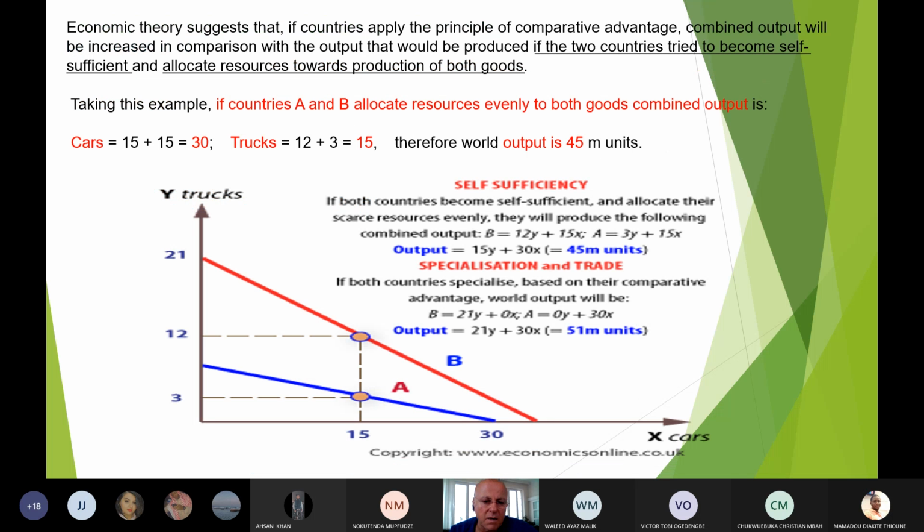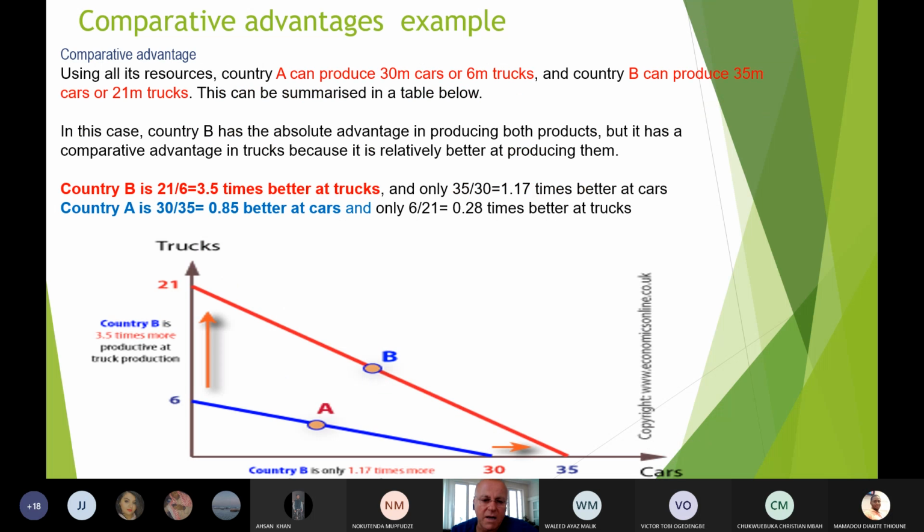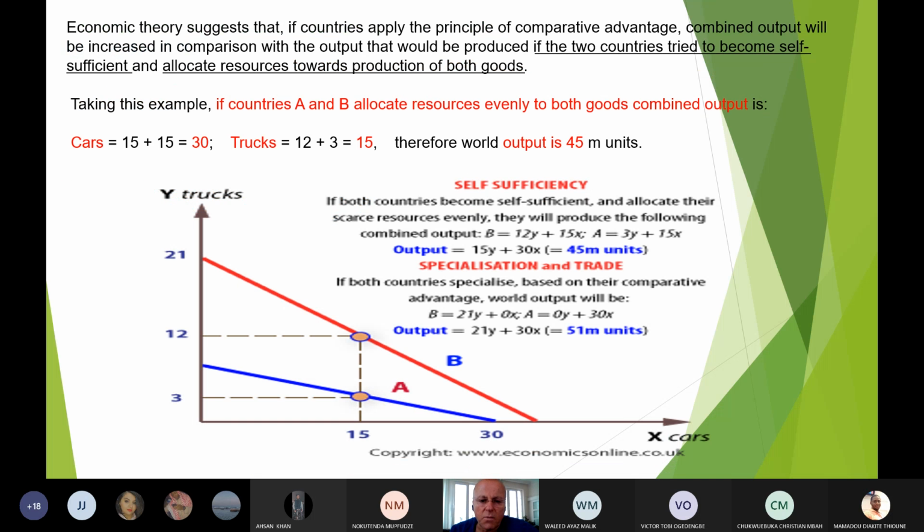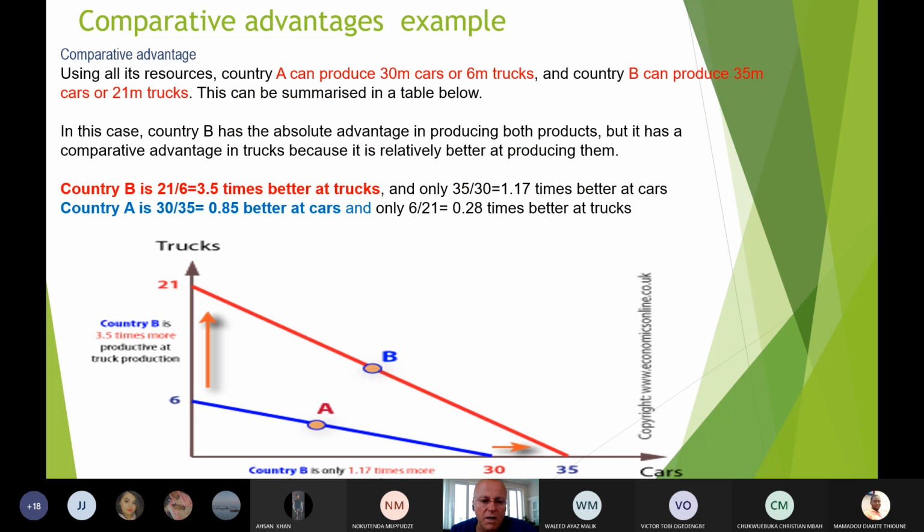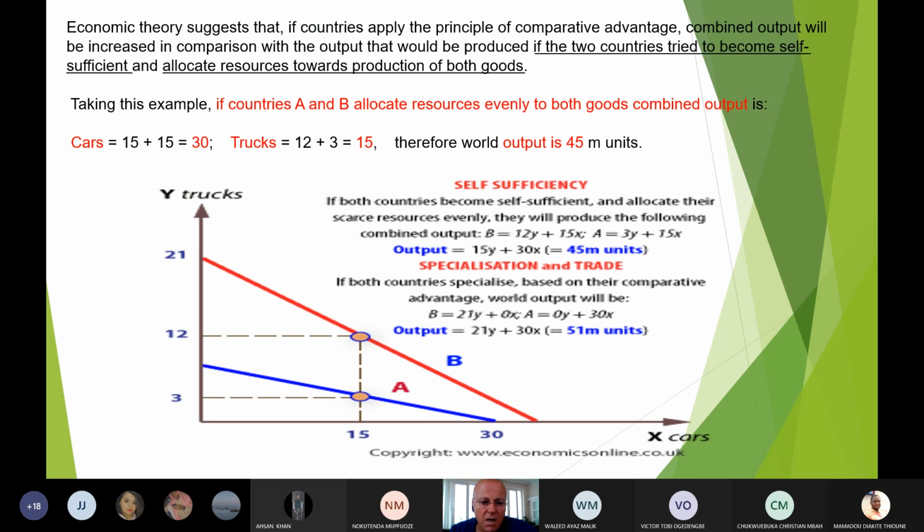And as I said to you, self-sufficiency is only 45 because we are adding 41 and 35 to each other. Then it makes 51 for the trade specialization. And when you are not taking this trade specialization and just combine these two self-sufficiencies, then it makes only 45 units for the countries' performance. It is given here.